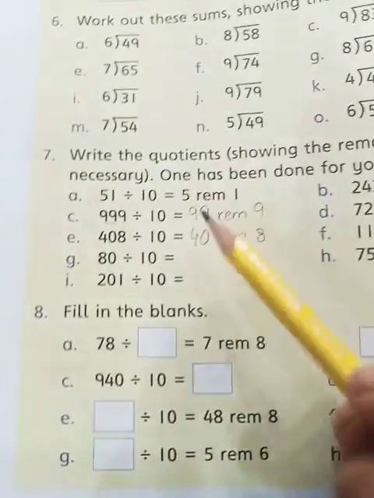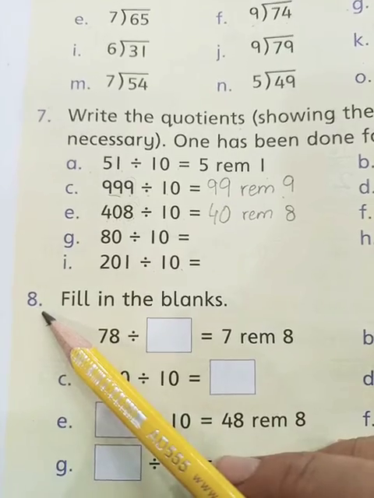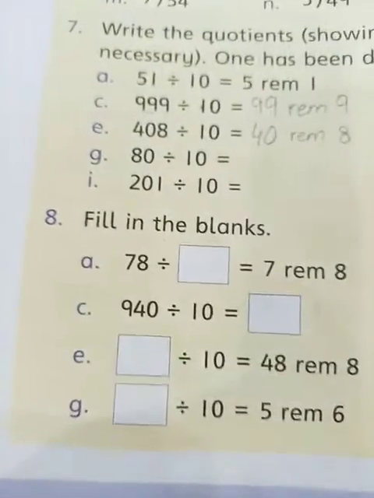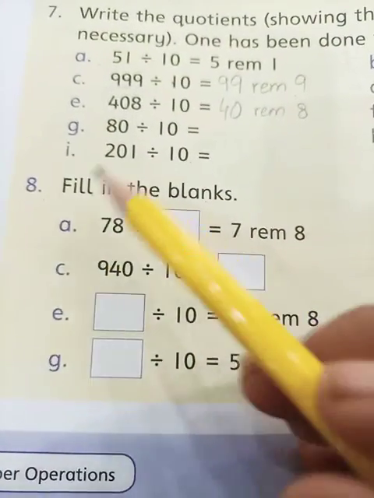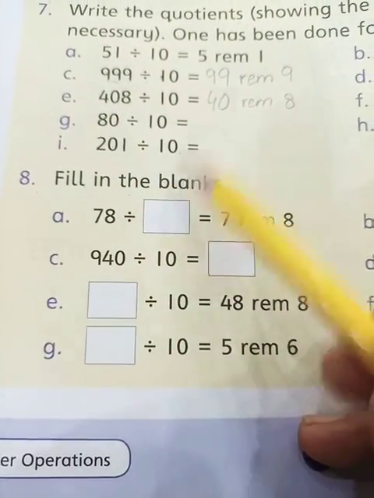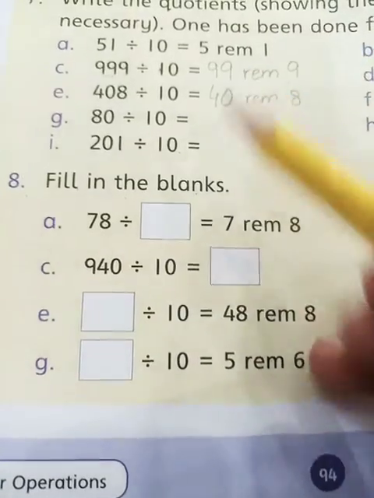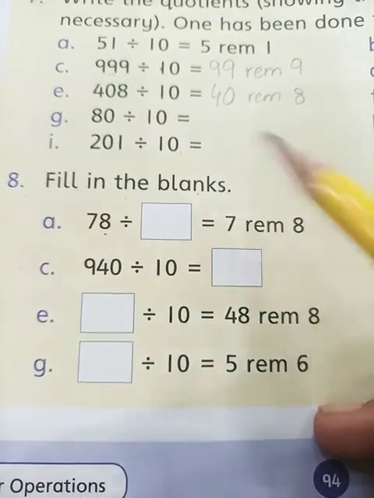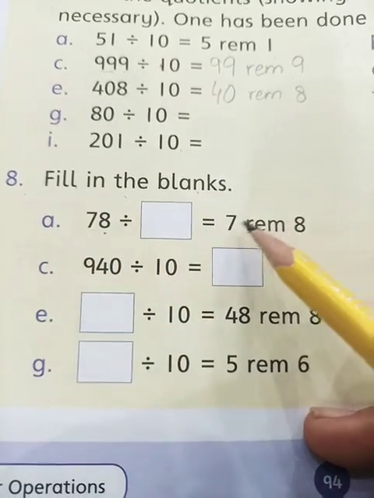Okay. Now come towards the page, question number 8. You are going to fill in the blanks. Look at this, students. These blanks will also be solved by the same logic. In the right corner, that is our remainder, and the remaining numbers are the quotient.